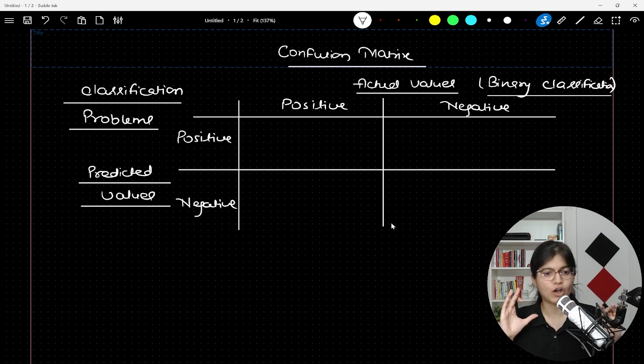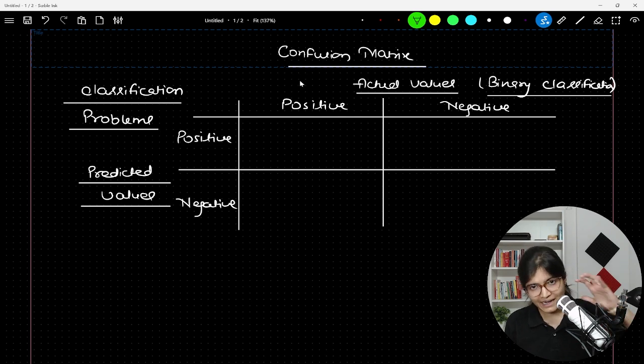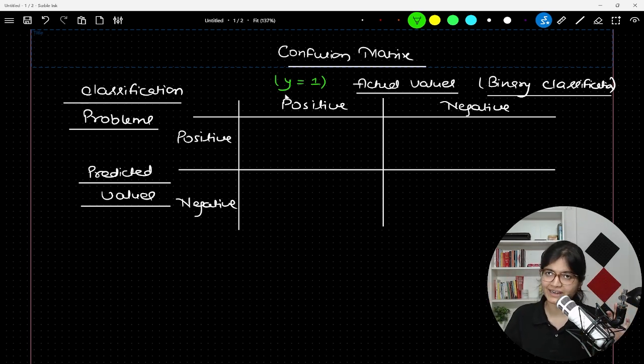Please pay attention to how I'm writing these terms. See, what I'm saying is the actual value is positive, meaning let's say the value of y is equal to 1, meaning that a person is diabetic. I have an actual record where the target value, the outcome value, shows that the person is actually diabetic.